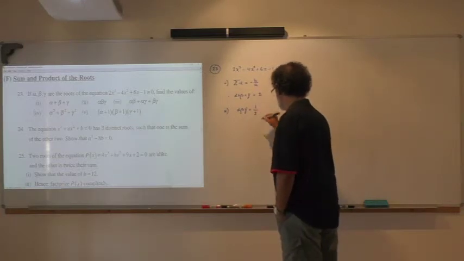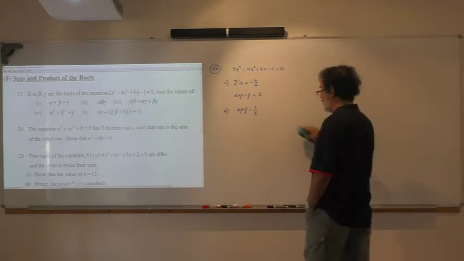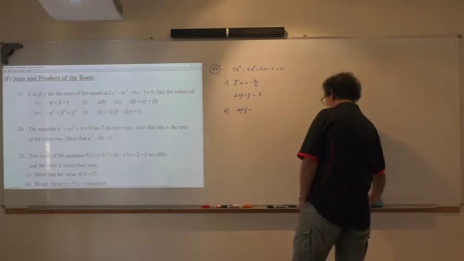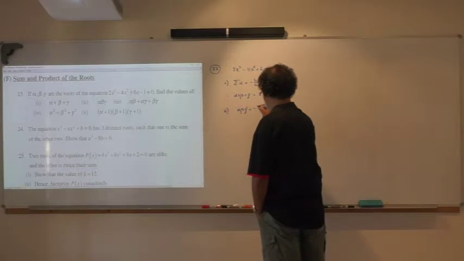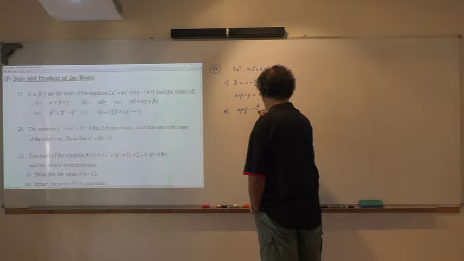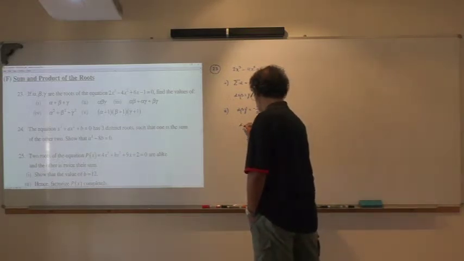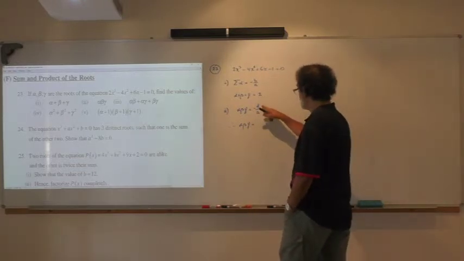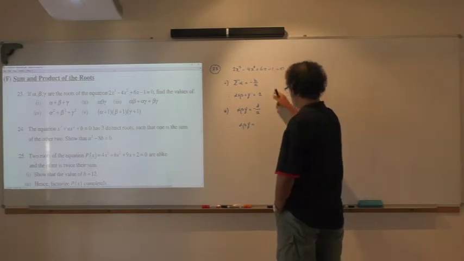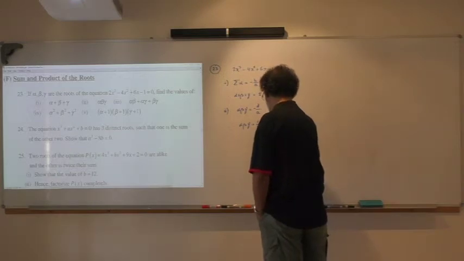I'm going to write the formula first, just to make sure that you remember. So therefore alpha beta gamma is going to be equal to minus d, where d is negative 1, so it's going to be 1 on a, which is 2, so it's going to be 1 on 2.